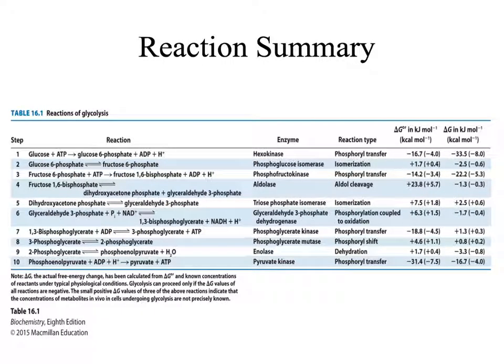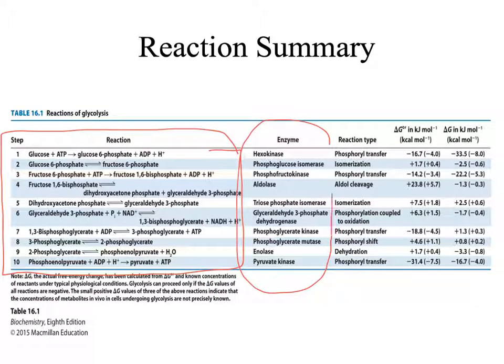And we can look at a summary of the reactions that we just went through. So you can see the steps and the reaction that takes place here. Just in a nice summary, we did go through all of this information. The enzyme that acts on it. We can also see and relate this back to in chapter 15 when we were talking about the different types of reactions, our reaction types here.